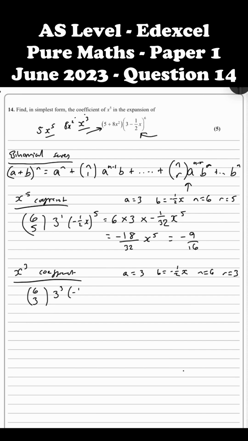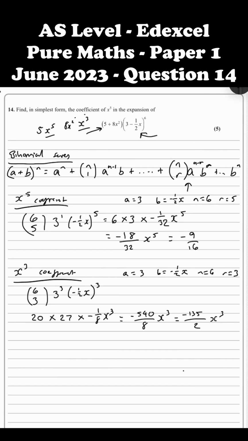We have minus a half x to the power 3. 6 choose 3 on my calculator is just 20. 3 cubed is 27. And then minus a half cubed is minus an eighth x cubed. Simplifying this out, we get minus 540 over 8 x cubed. And that will simplify down to minus 135 over 2 x cubed.